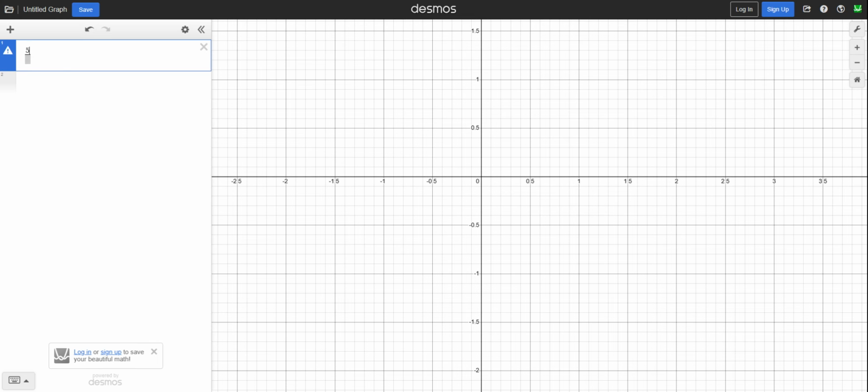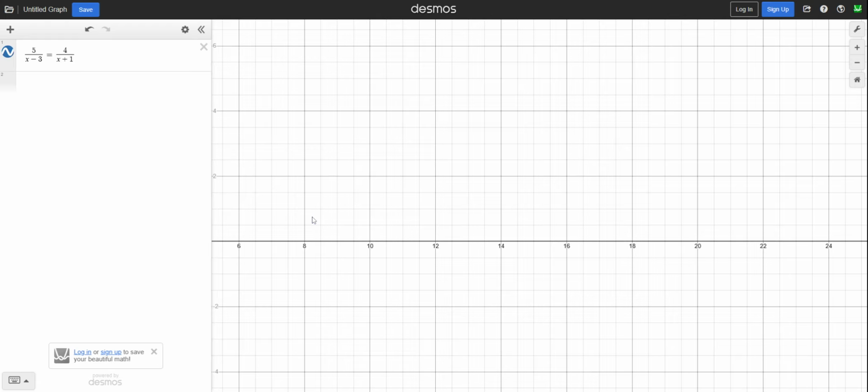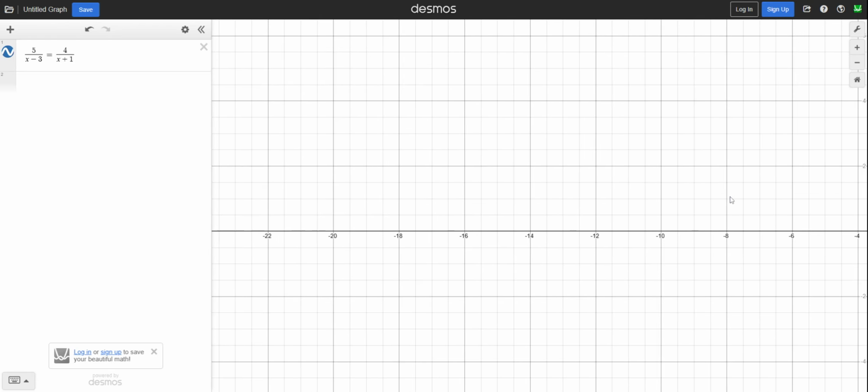Fraction key. 5, arrow down, x minus 3. Arrow to the right equals. Fraction key. 4, arrow down, x plus 1. Arrow to the right, arrow to the left.